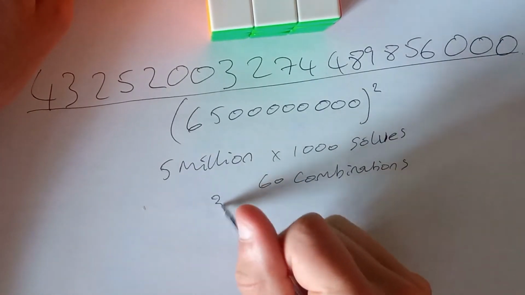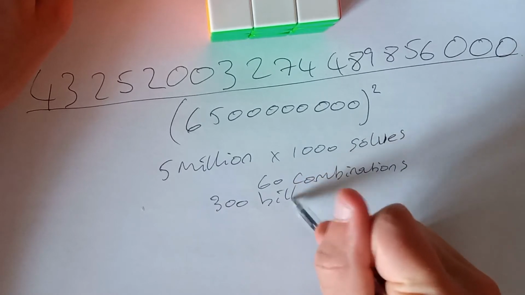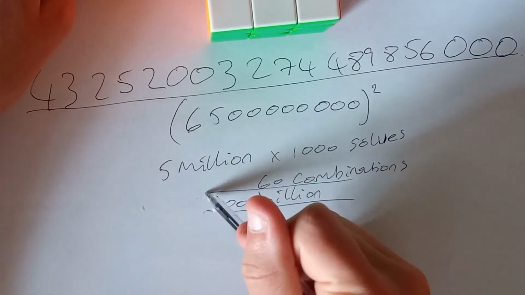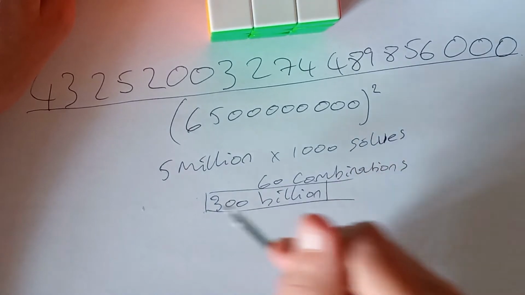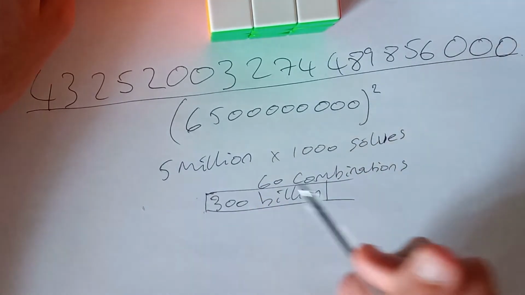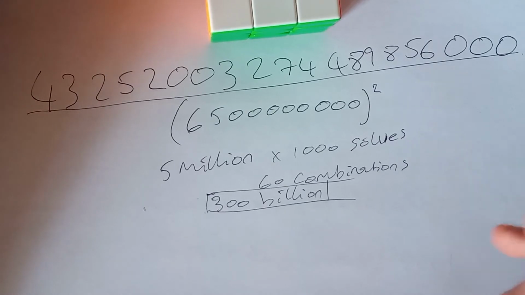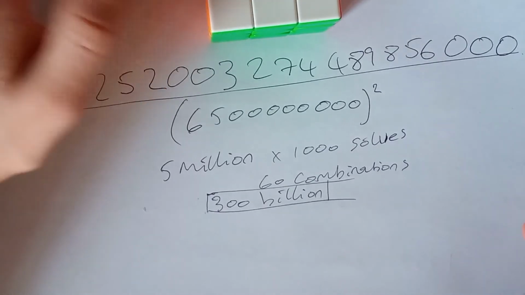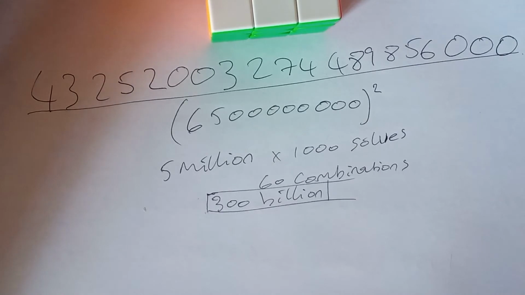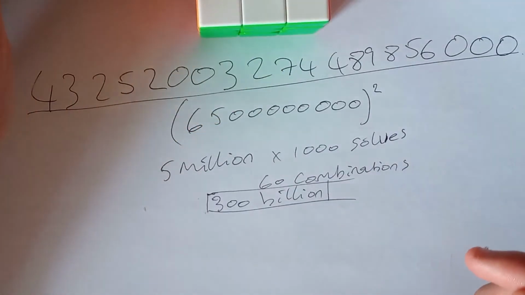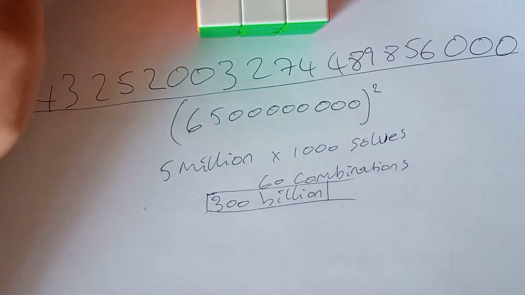So we have 300 billion scrambles seen. It might be more than that, it might be a few trillion at the most, of the number of scrambles seen. So we have hardly scratched the surface of possible combinations.